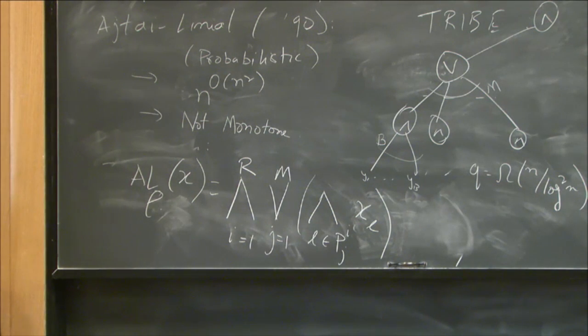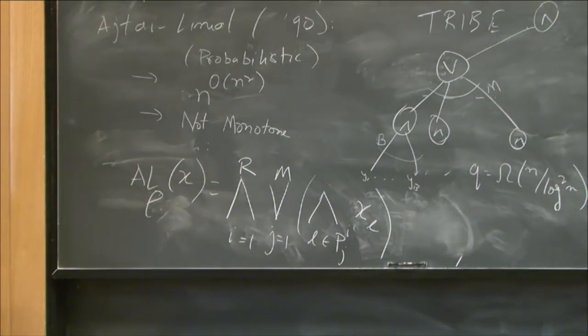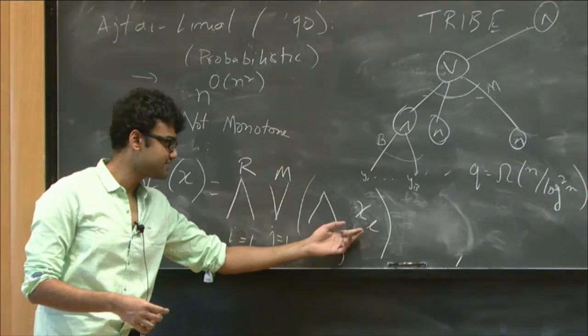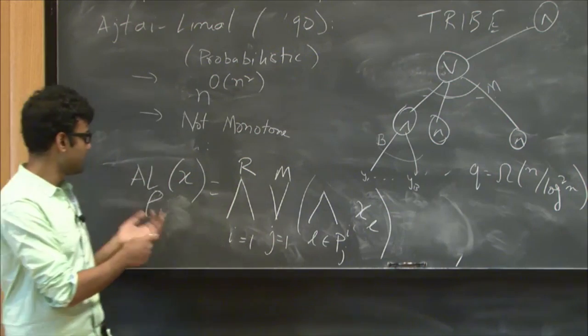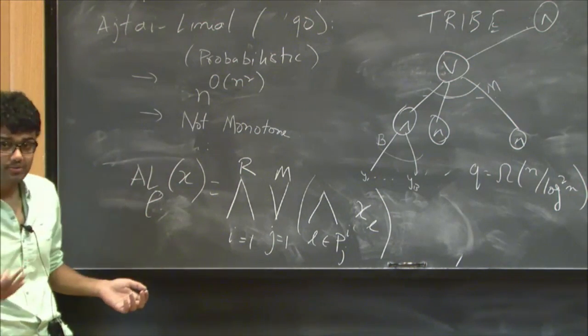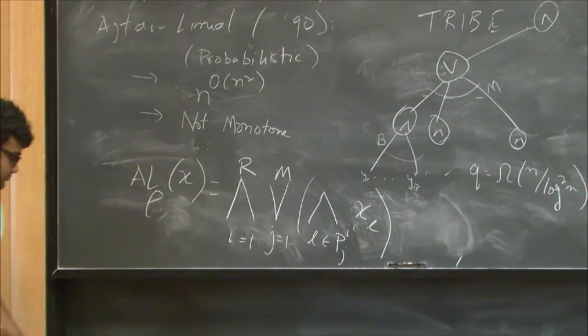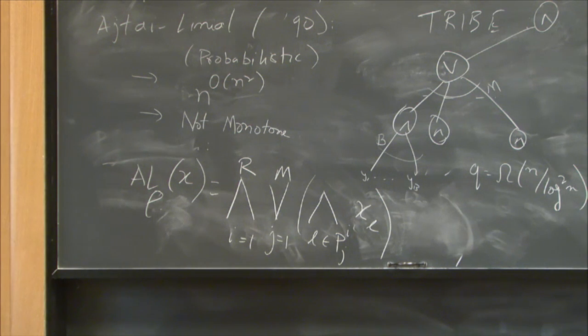We'll make it an AND of ORs just to reduce the depth here. From now we'll assume that these XLs are this, and we are analyzing the influence as well as the bias of this function with respect to the Bernoulli distribution. And the sizes of the blocks will change.